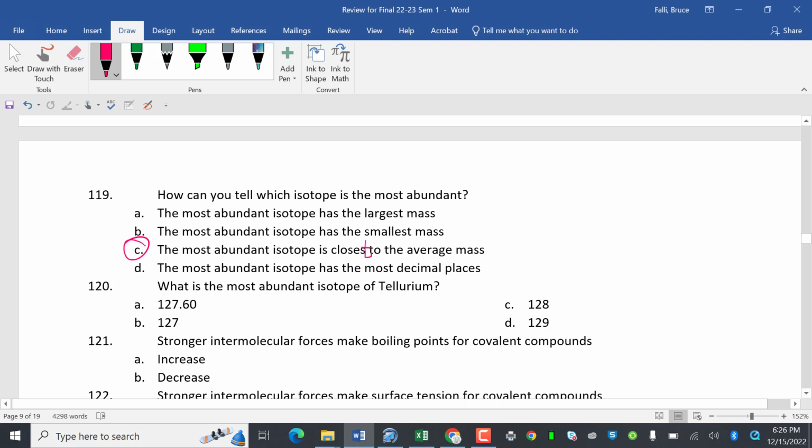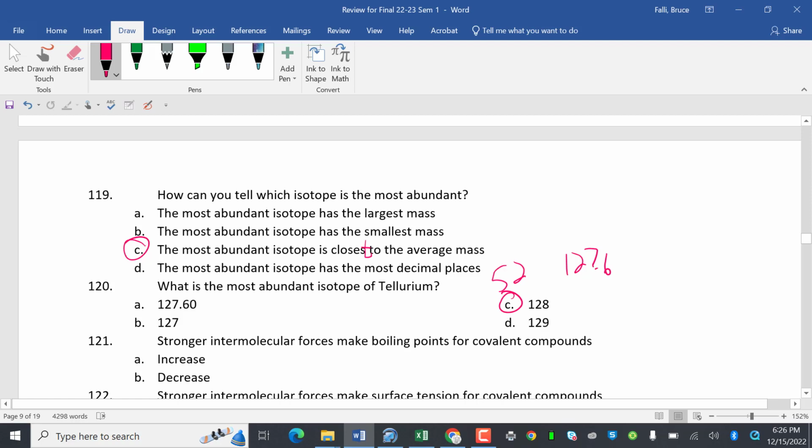Tantalum. I know it's TC. I'm about to show you guys a little trick I rarely have to use. I see tellurium. Is that what I'm looking for? Yeah, tellurium is number 52, and its average is 127.6. So that means 128 is the most abundant isotope.